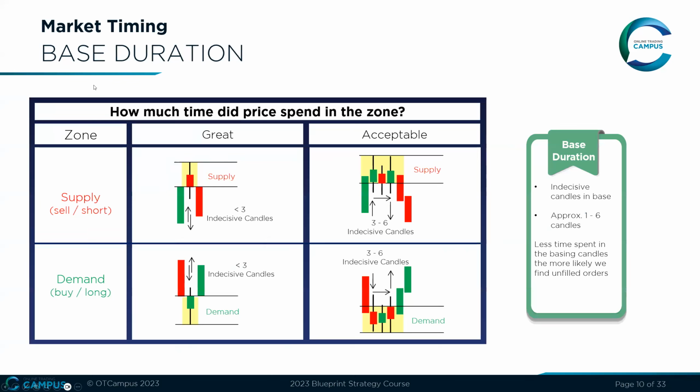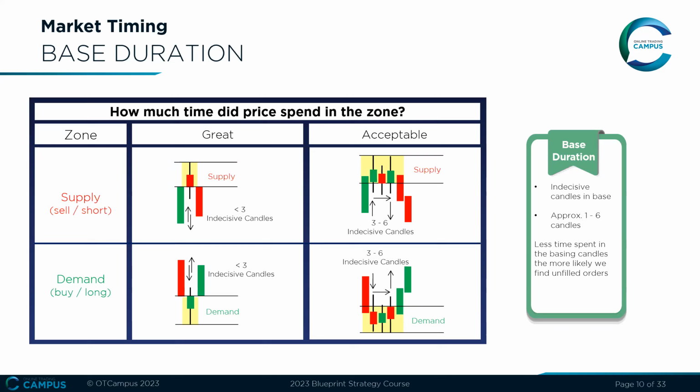Now let's go into the second rule, which is base duration. From the get-go, I do want to mention that base duration is less important than departure, okay? And that's simply because when we look at the base duration, we look at how many candles are within that base.